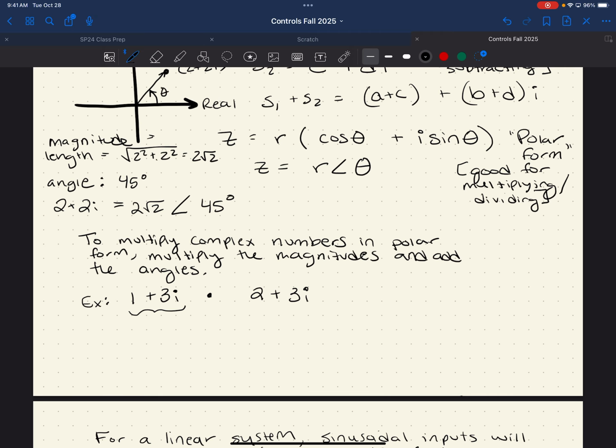So it's going to be the square root of 1 squared plus 3 squared, which should be the square root of 10. And the angle is going to be tan inverse 3 over 1, which should give me 71.57 degrees.